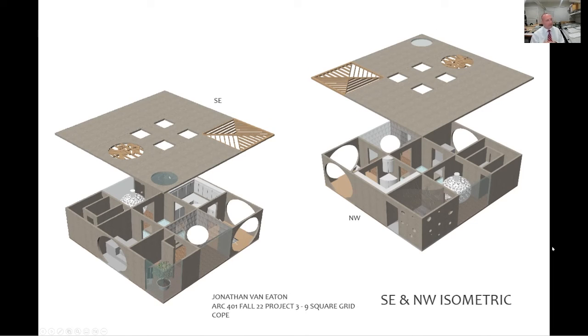My isometric, I wanted to be able to show inside the structure, because it's designed, I held strictly to the 9 cube motif, so I didn't go up. I didn't really want to go down into the earth.